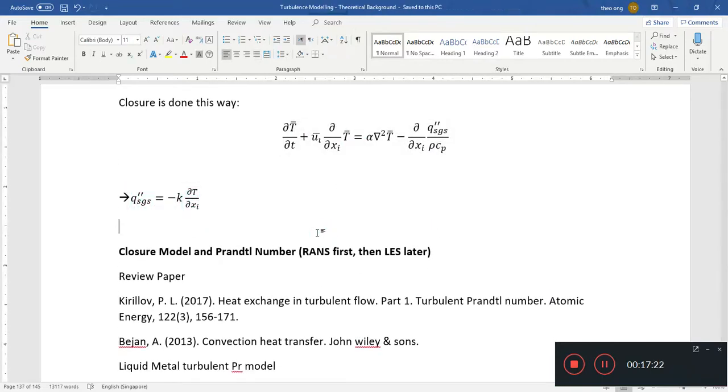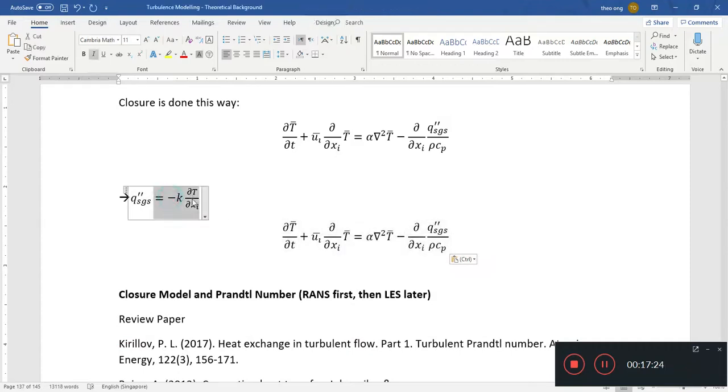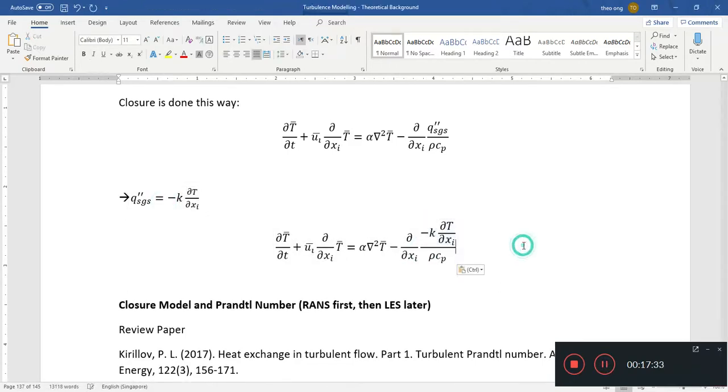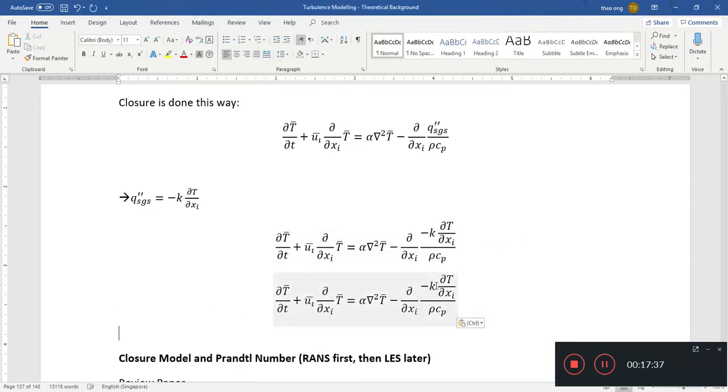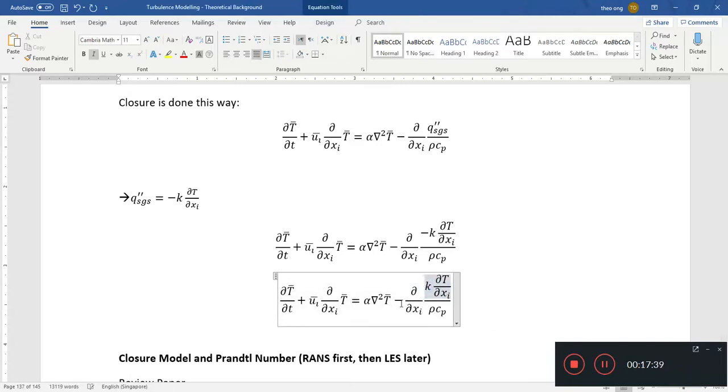So what we do is just copy and paste, and this is what we get. And this will cancel with this to give a plus. K over rho Cp is some alpha, right? So this is a turbulent conduction term, sort of thing.